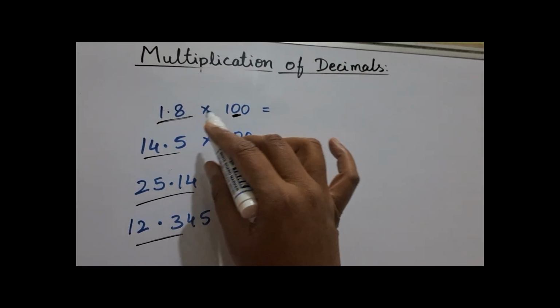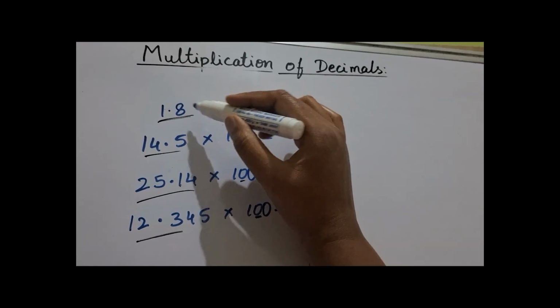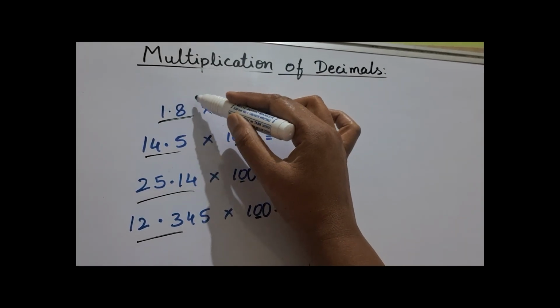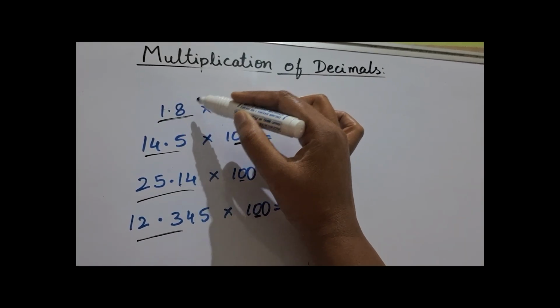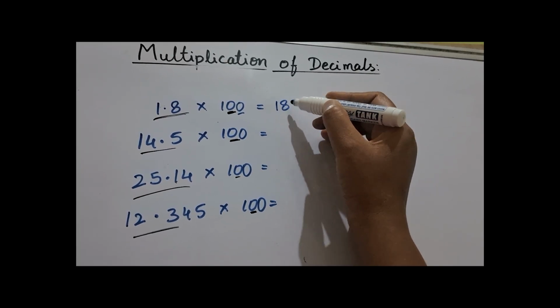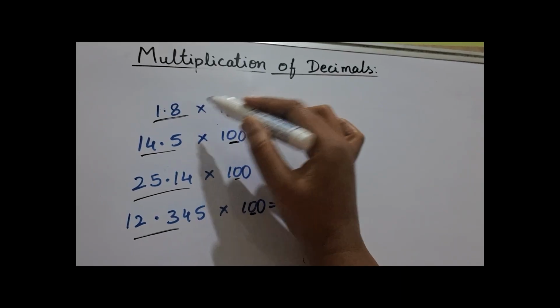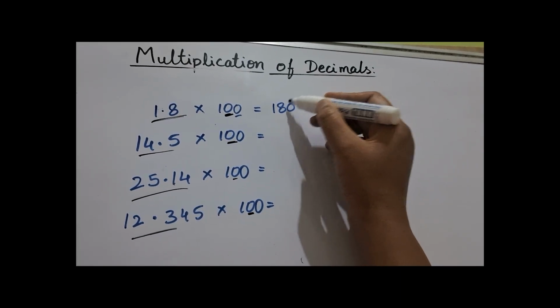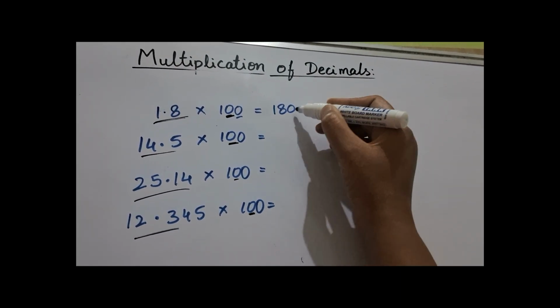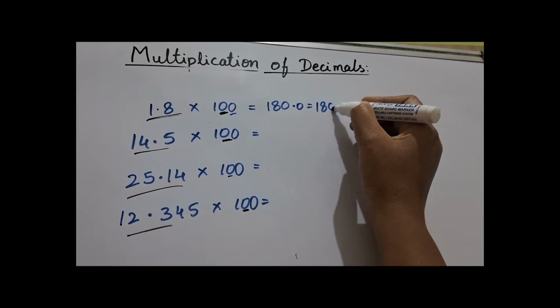Now 1.8 when multiplied with 100, 2 zeros. So the point will cross 2 digits and come to the right. That means 1, 8, and after 8 no digit is there, then simply we can put 0. So 180.0, which can also be written as 180.